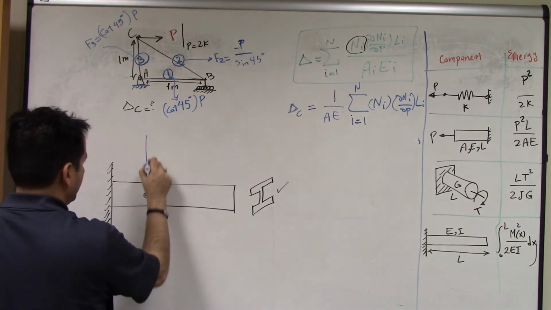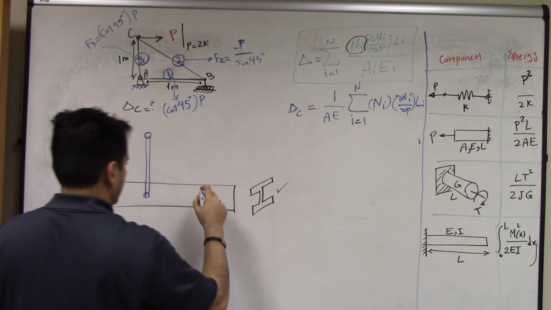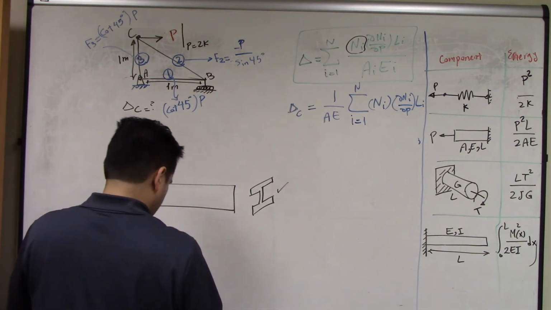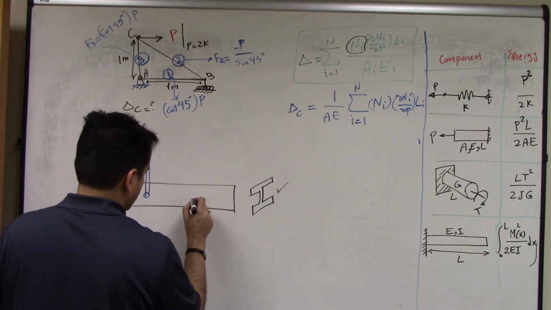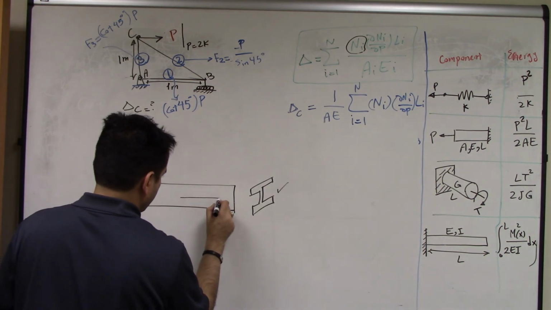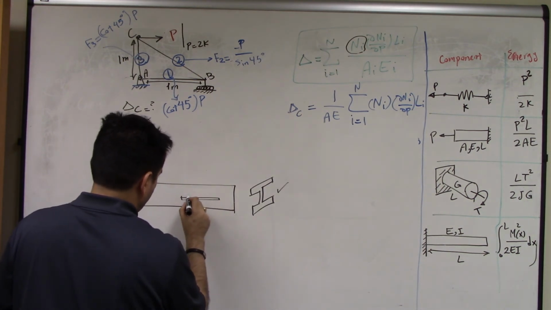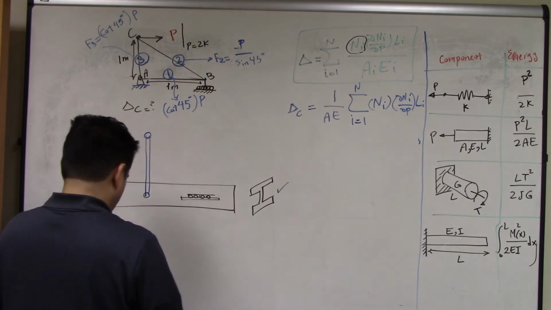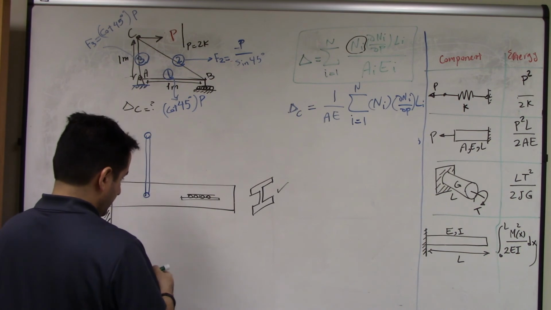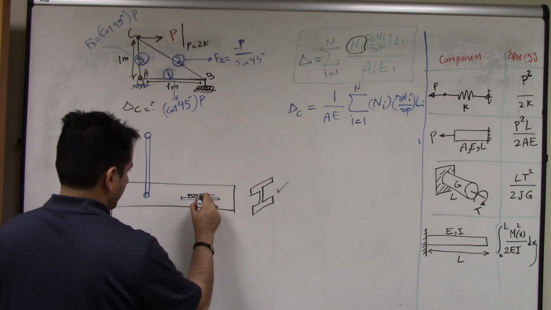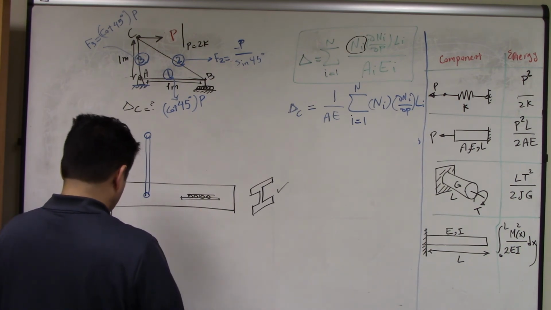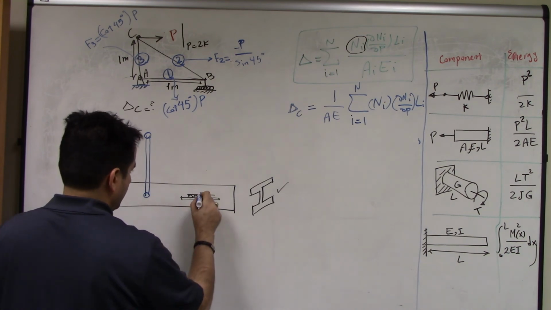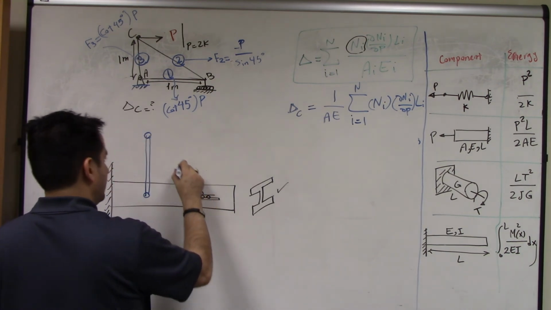So this is one member, and then here in the middle of the web, I can have a set of rollers, and I can roller joint it to the middle of the web, like that. Roller here.